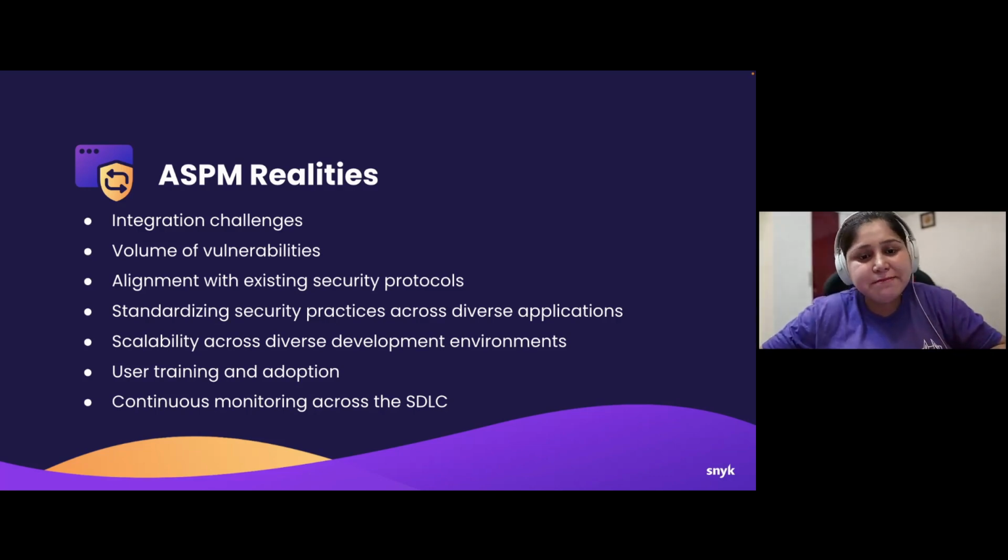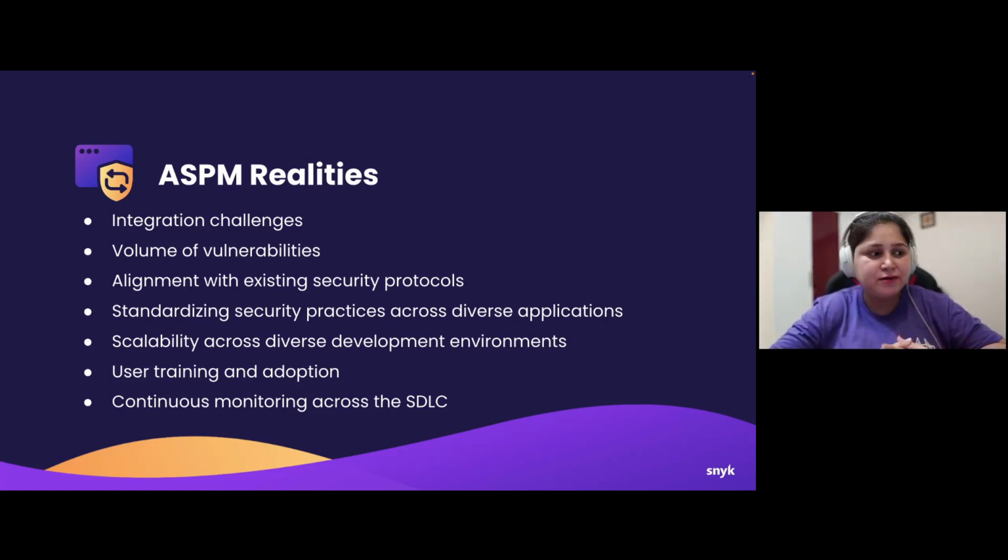The first one might be around integration challenges. Why is it so? Because right now you need to integrate ASPM into existing security protocols and workflows that you already have within your organization, and often there will be friction and resistance between different teams: why are we aligning ASPM with the established processes?